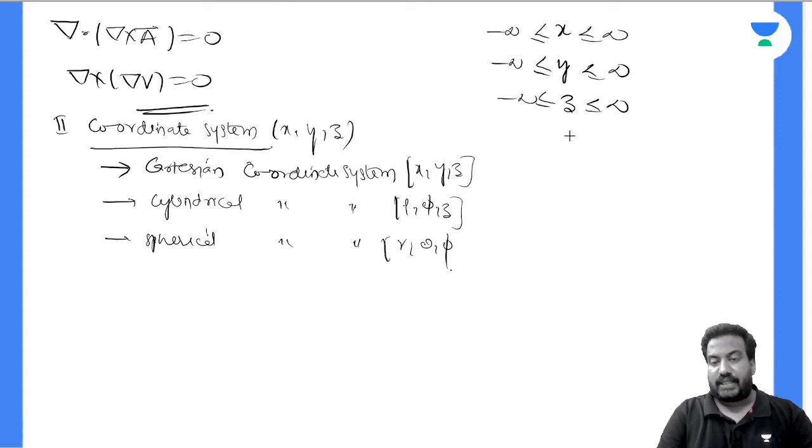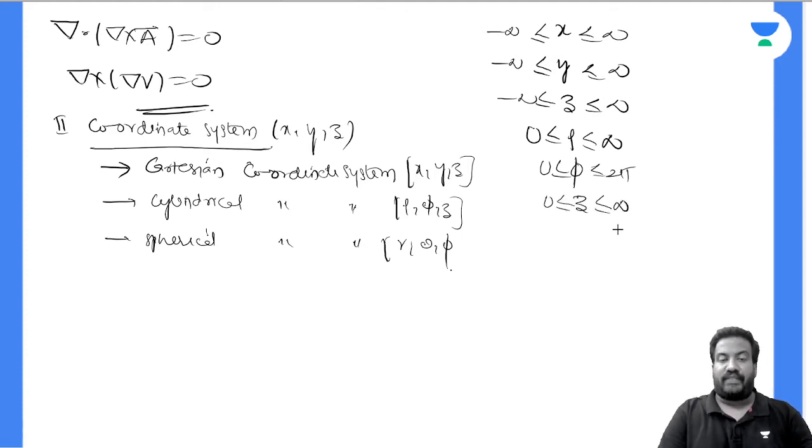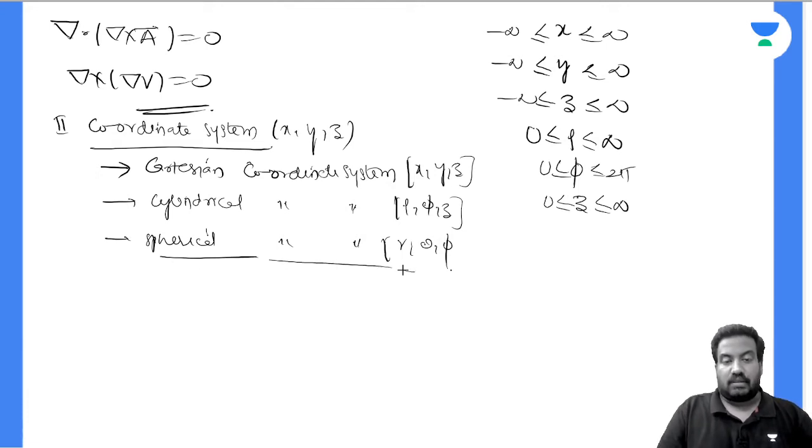Similarly, in cylindrical coordinate system, the range is 0 to infinity for rho, radius of cylinder; phi, azimuthal angle, 0 to 2 pi; z is height of cylinder, 0 to infinity, height cannot be negative. Next is spherical coordinate system, r, theta, phi.